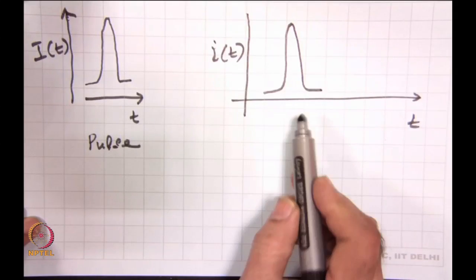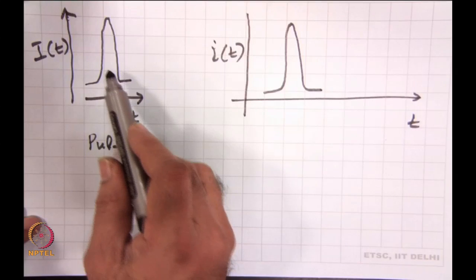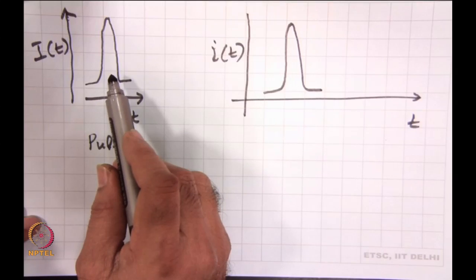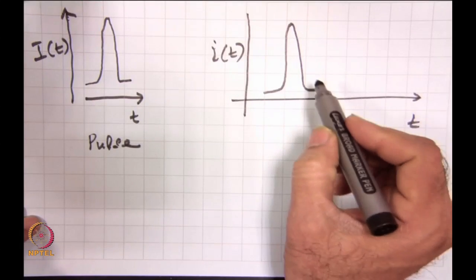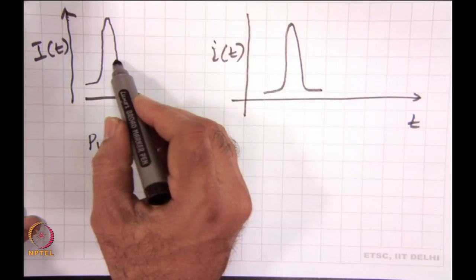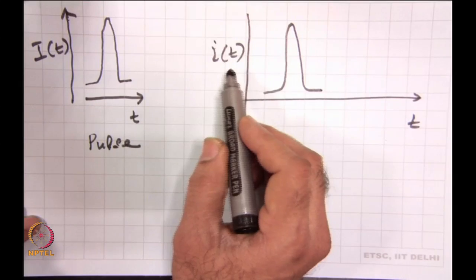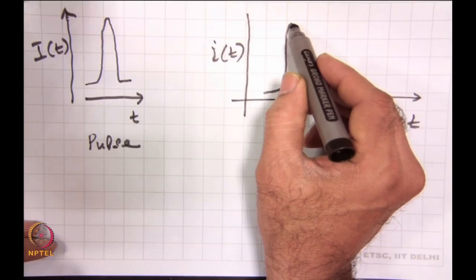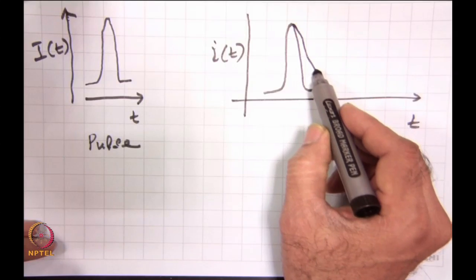This means that if the detector is responding fast enough, the current pulse generated is identical to the input optical pulse. However, in general there is a delay, because even after the light pulse is absorbed or is no more there, it takes some time for the carriers to recombine and the current to come down.